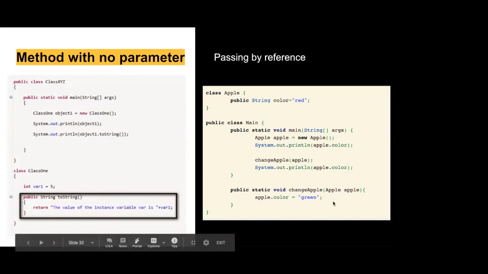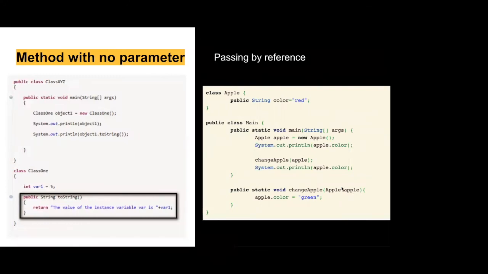It's a little bit confusing, but the apple inside of this parenthesis will have the same reference as the apple that is passed into this changeApple method. So in this case, it will create an Apple object and pass the reference, which is the address of the Apple object, into this changeApple method.